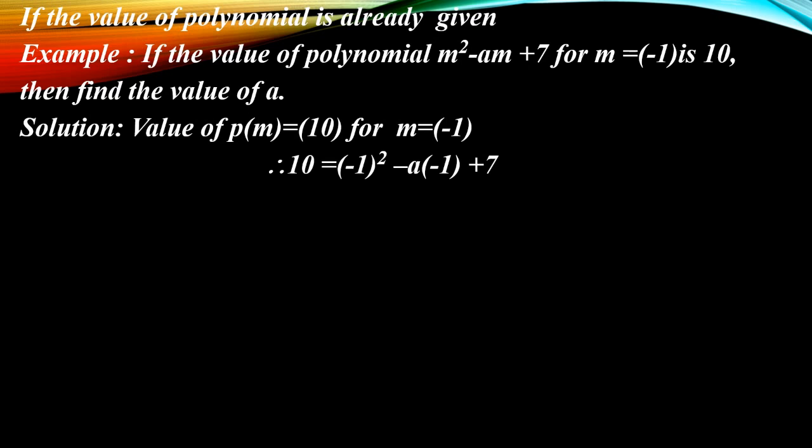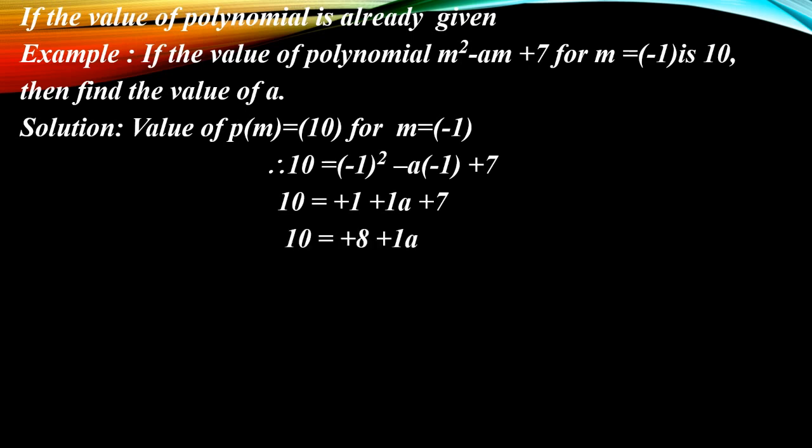Substituting m = −1 in the polynomial, P(m) = 10 = (−1)² − a × (−1) + 7. Therefore, 10 = 1 − a × (−1), which will become +1a, + 7.